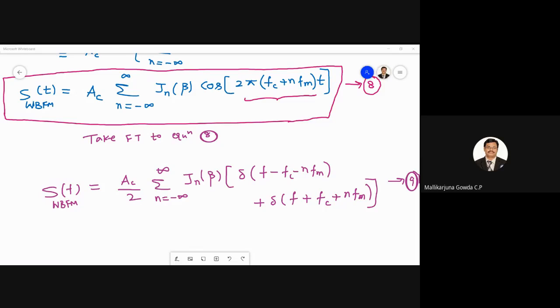By substituting the value of n from minus infinity to plus infinity, you will be able to draw the spectrum of the wideband FM. So let us see the properties of a few Bessel functions in the next class. Okay, with this, I will stop.